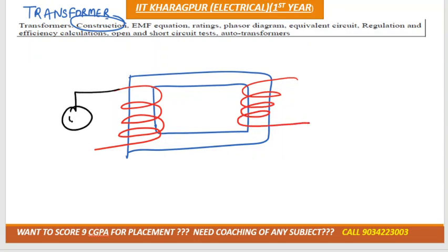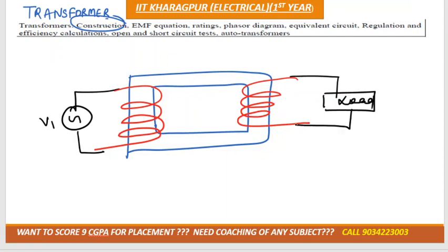We have the supply voltage V. Just imagine this is the government side where you are getting the supply, and this is the secondary, the load side, where you get electricity at your home. Understood? This load is just like our home.